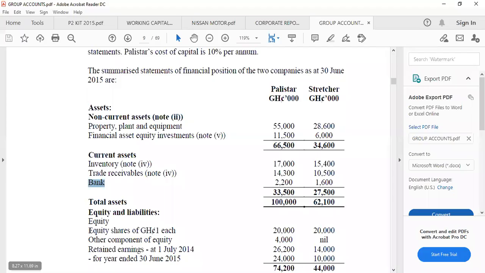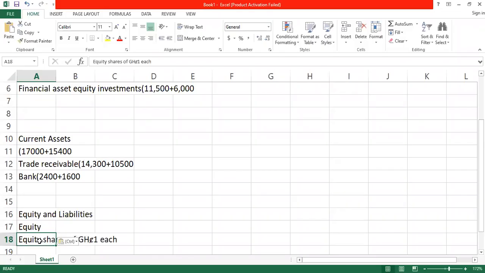The first is equity shares at 1 cedi each. We don't show the equity shares for the subsidiary because it is going to cancel the investment. So we show only the parent's. How much is for the parent? 20,000. So we move on to the next one.